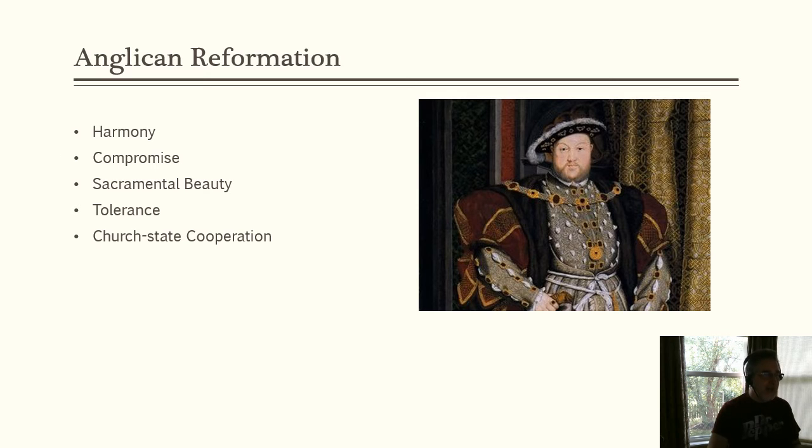Number 5 is church and state cooperation. Of course, Henry is there in their picture. Anglican churches have often been taken into and consumed into the state. The monarch in England is still the supreme governor and defender of the church. There's a very strong connection between church and state. There's an intricate hierarchy.